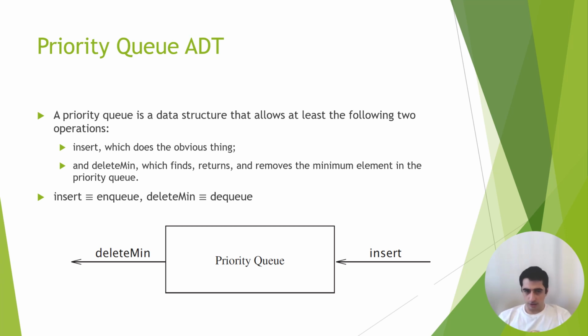value of the operation. Now, why do we call this a priority queue? Because it is very similar to the normal queue. In a normal queue, you have insert or enqueue and delete or dequeue. Here we have similar operations, insert and delete min.